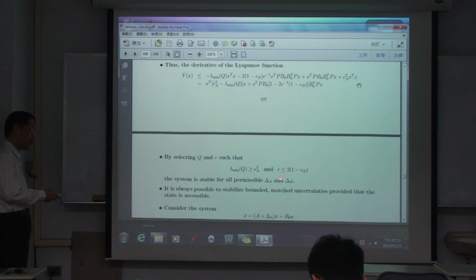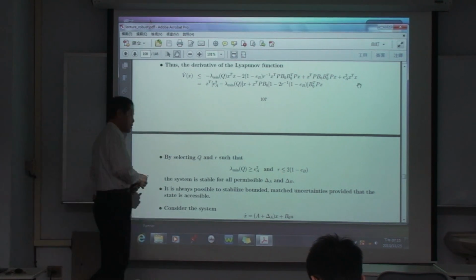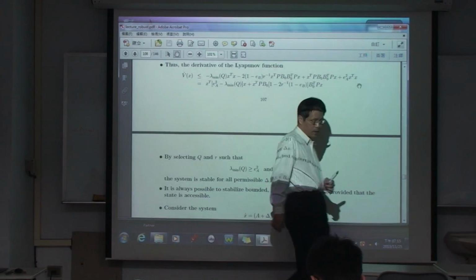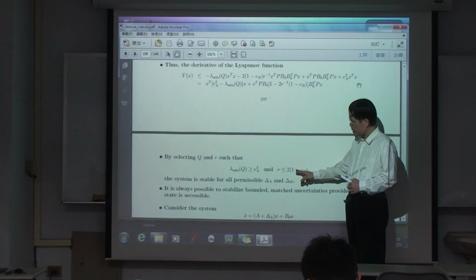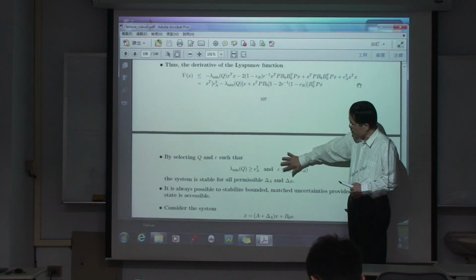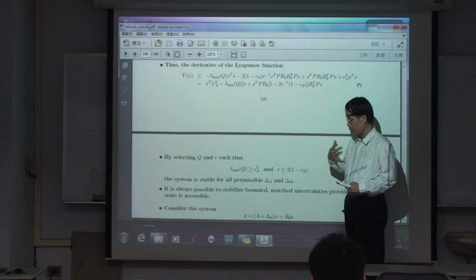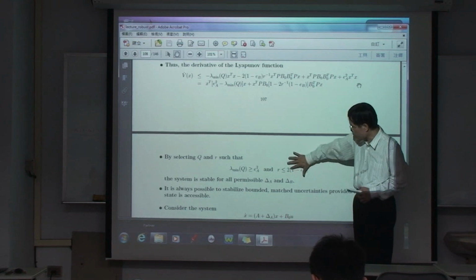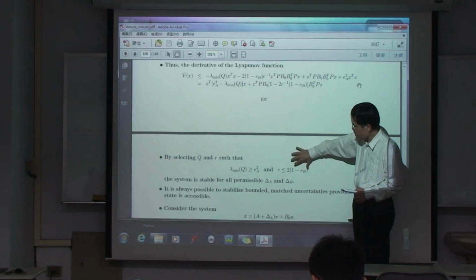Okay, so you achieve robust stability by appropriately selecting Q and R. And for this R, you can also realize the significance of EB being less than 1. Because if the sign is reversed, then you cannot find R, because R has to be positive. So that's why this 1 minus EB has to be positive.